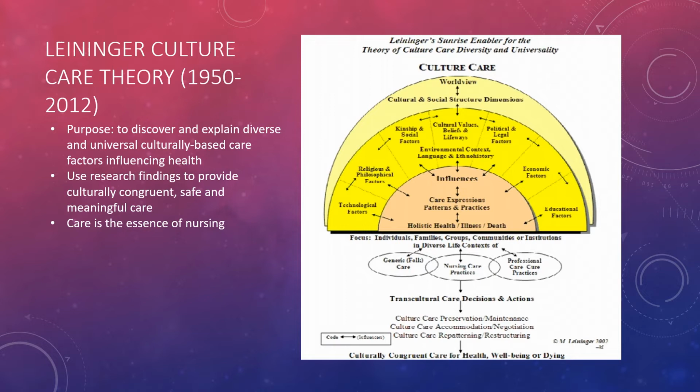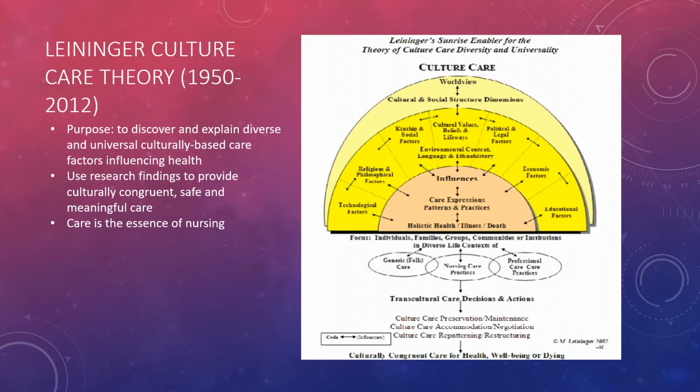really, that a person's worldview is shaped by their cultural and social structure dimensions. I'm just reading down the model that's here, and then that those components of a person's experience, which she calls factors, I believe, are the factors that influence health. So there are technological factors, religious and philosophical factors, kinship and social factors, cultural values, beliefs, and life ways, political, legal factors, economic factors, and educational factors.